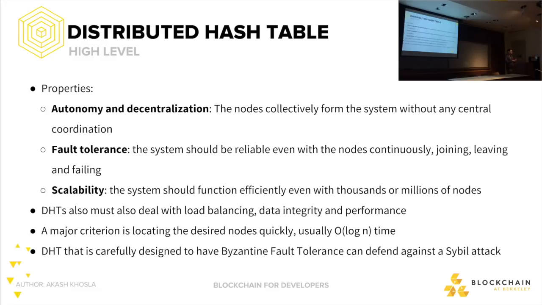It's not ideal decentralization because of the nature of the internet. These systems are often fault tolerant, so the system should be reliable if there's a bunch of nodes continuously leaving, joining, failing. And the system should function well as you have more and more nodes. It should be able to scale with size constraints.